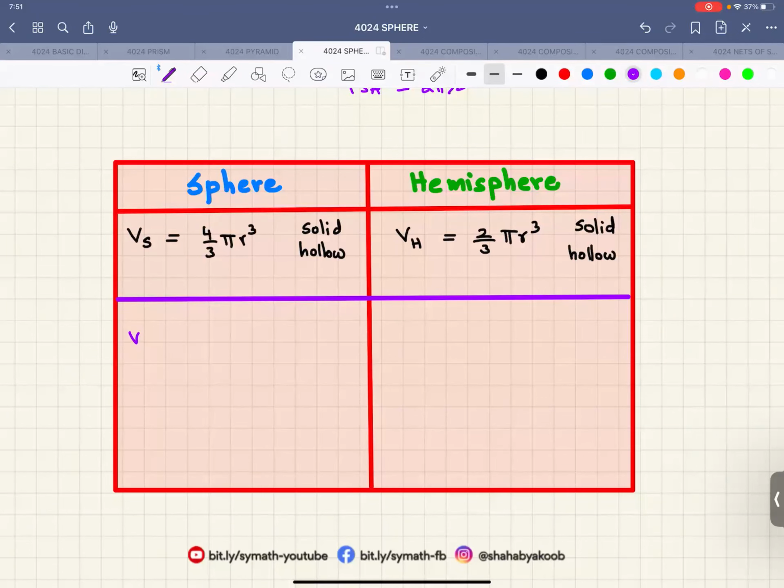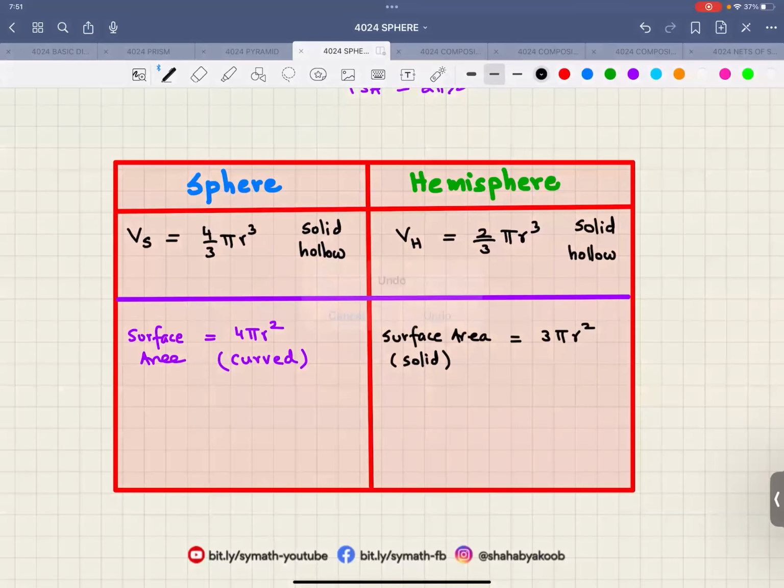The surface area of a sphere, that is 4 pi r square. This is only the curved surface area. There is no base because it's a sphere. When we talk about the surface area over here, if we are talking about surface area of solid hemisphere, that is 3 pi r square.